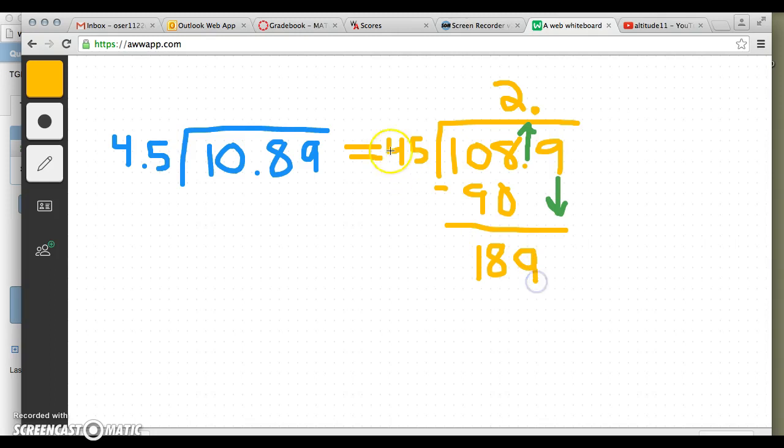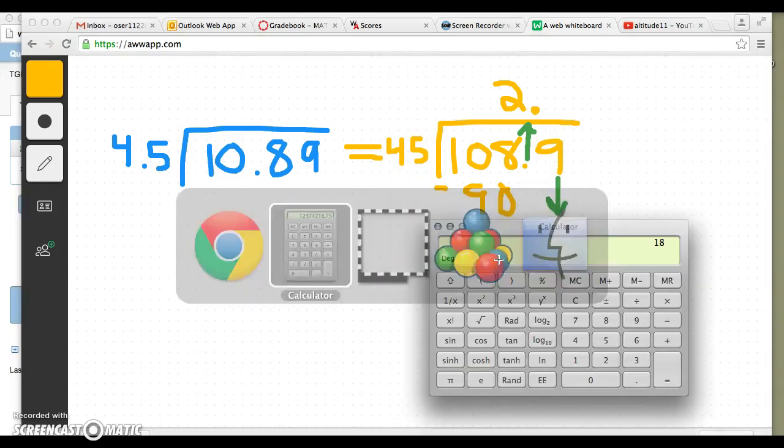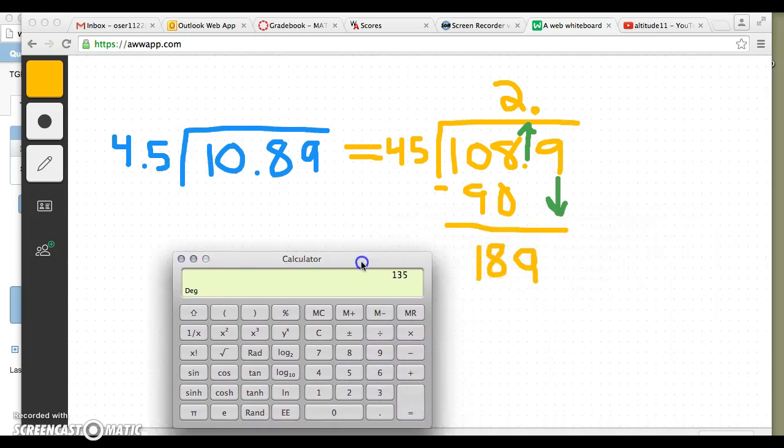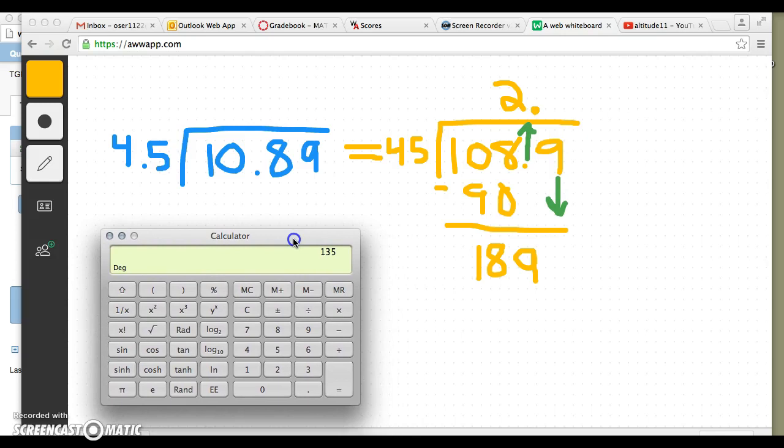So now, how many times does 45 go into 189? Let's get out our calculator to help us out. So what is 45 times, let's just go with 5. Oh, too large there, right? How about 45 times 3? So 45 times 3 is 135.